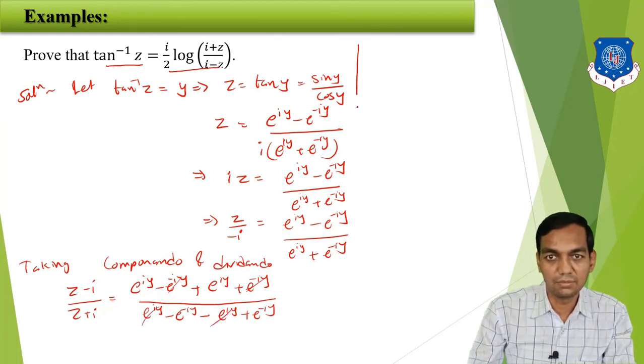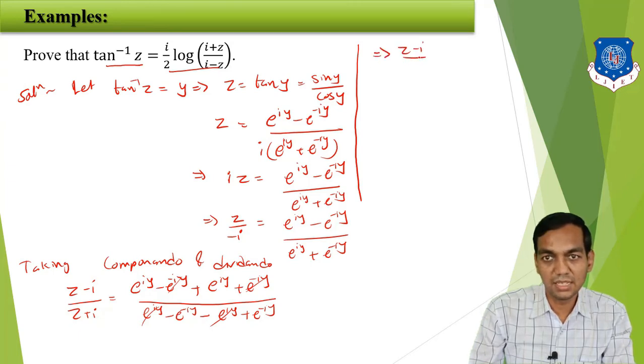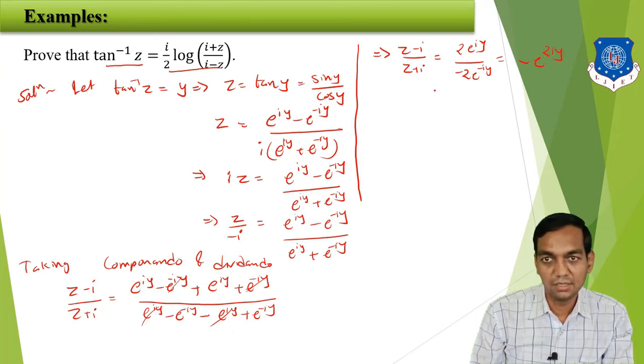And we will have, that implies z minus i upon z plus i is equal to 2 e raised to iy upon minus 2 e raised to minus iy. So 2 cancel out, and we are going to write down this as minus e raised to 2iy. Correct? Now multiply this minus here, and that will give e raised to 2iy is equal to i minus z upon i plus z.